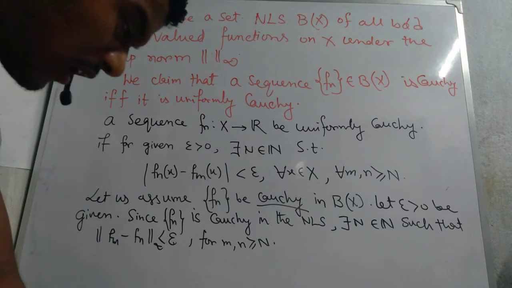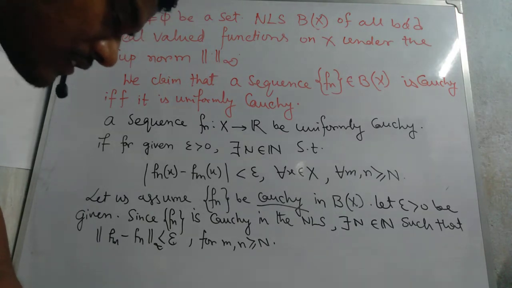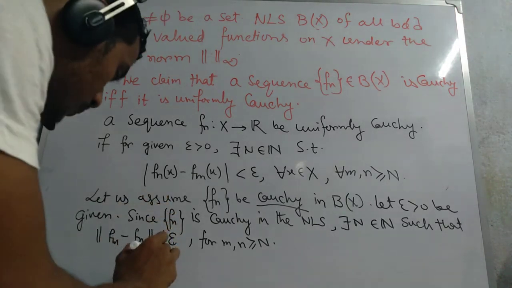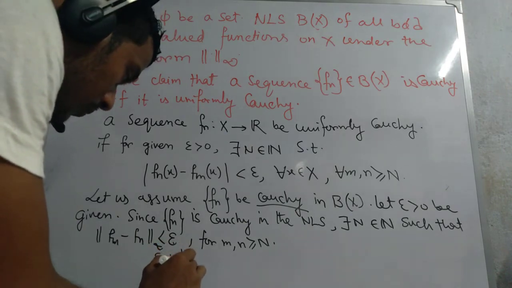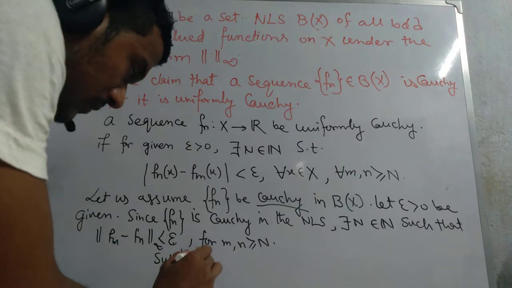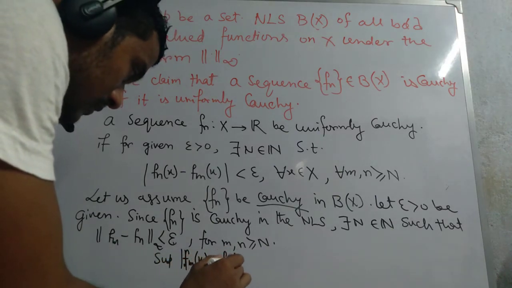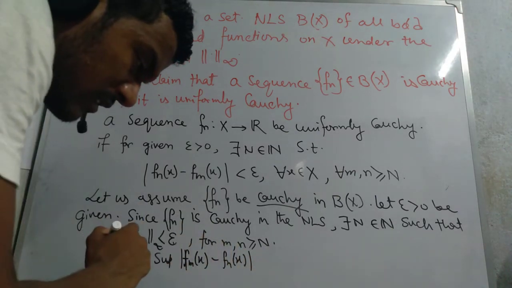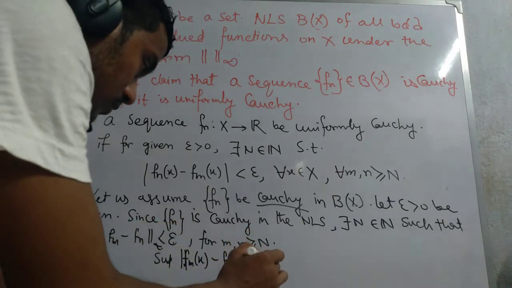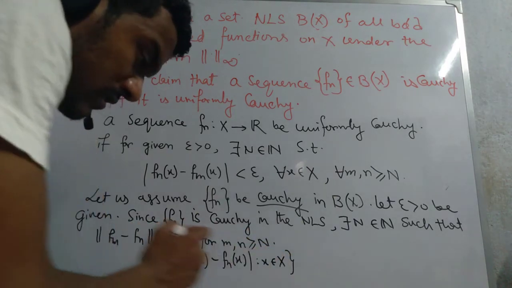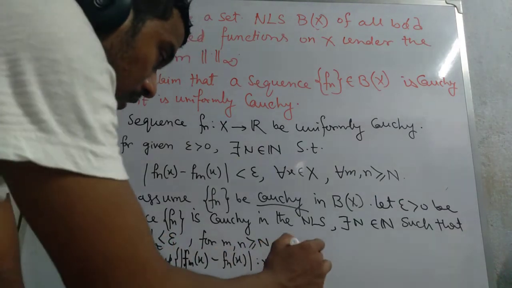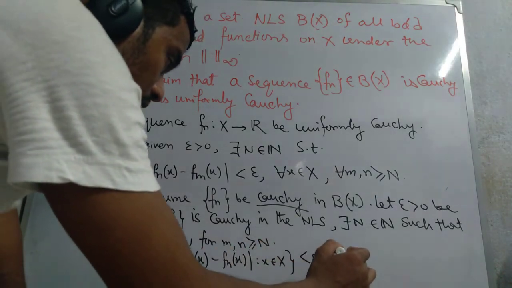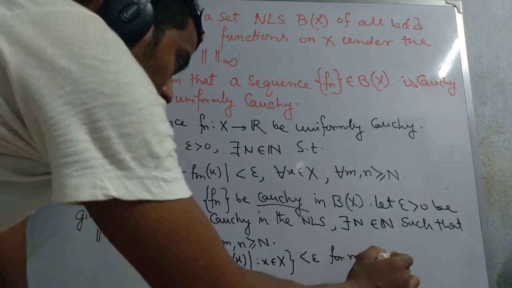Now, unwinding the definition of norm, we see that the supremum over x belonging to X of |f_m(x) - f_n(x)| is less than epsilon for m, n greater than or equal to N.